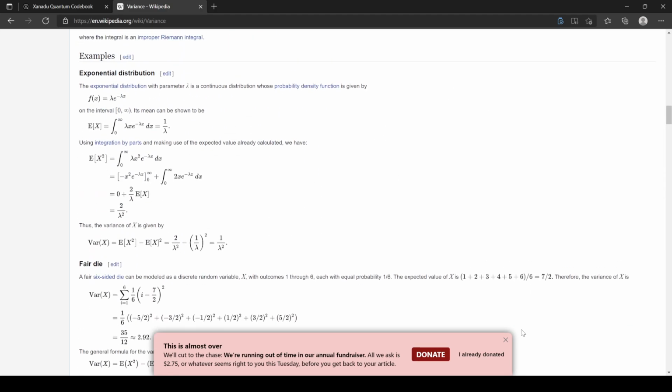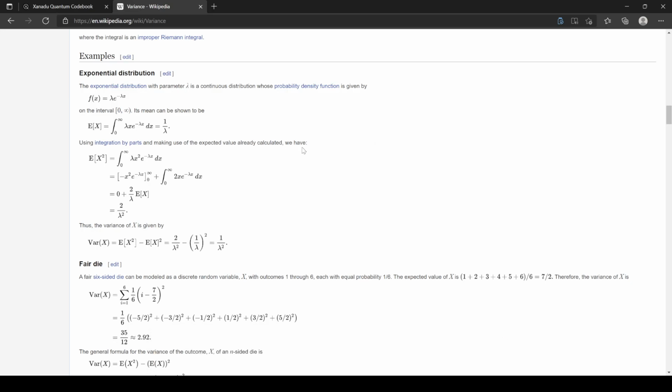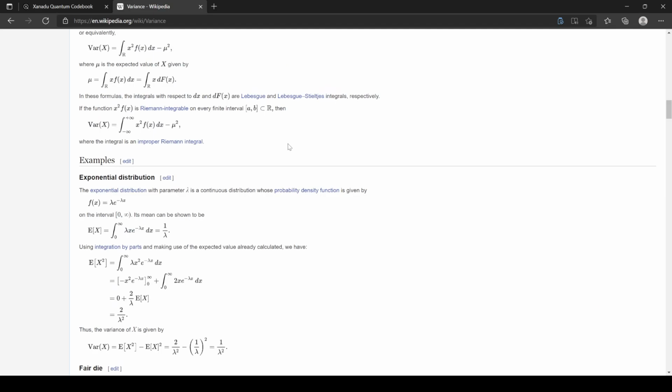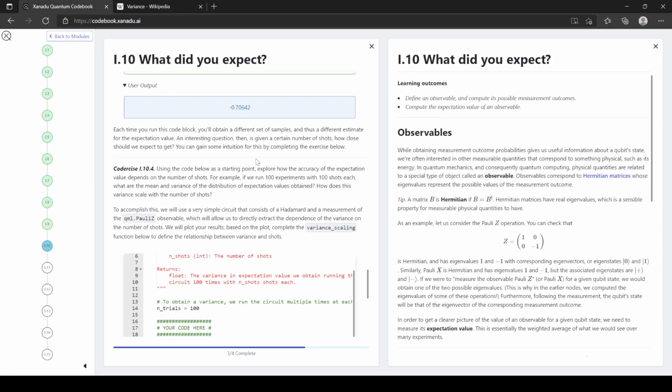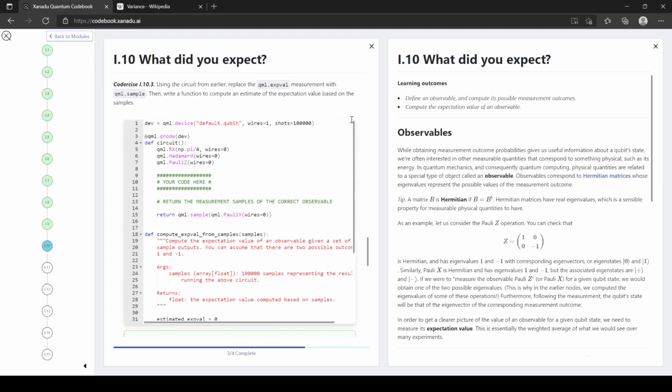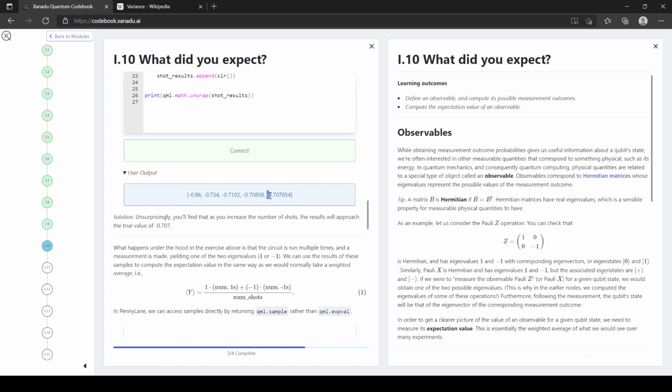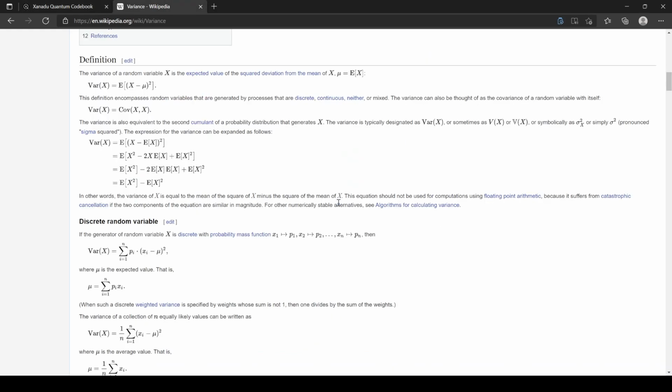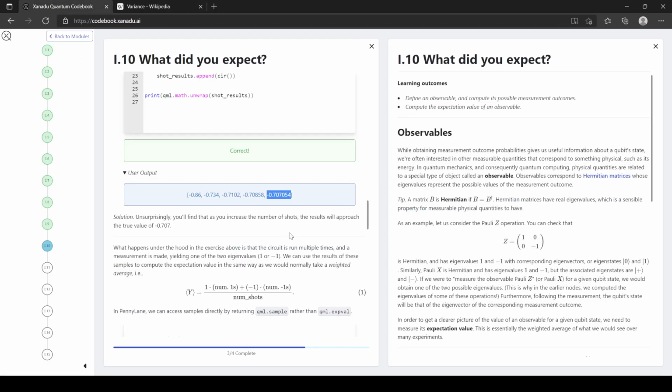What's the solution to this? Oh, are we supposed to actually, so we know the expectation value is, we know the expected value of x is that. I don't know how to represent this actually. The variance.